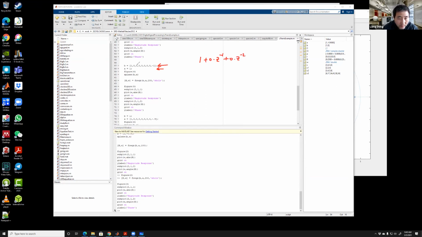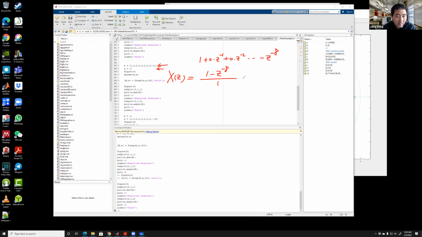How many do we have? This is 1, 2, 3, 4, 5, 6, 7, 8. So the last one is subtract z to the power negative 8. So I don't have the middle terms. So the entire thing is 1 subtract z to the power negative 8 on the numerator. And then the denominator is just 1, right? So this is my signal in the z domain. We got that.